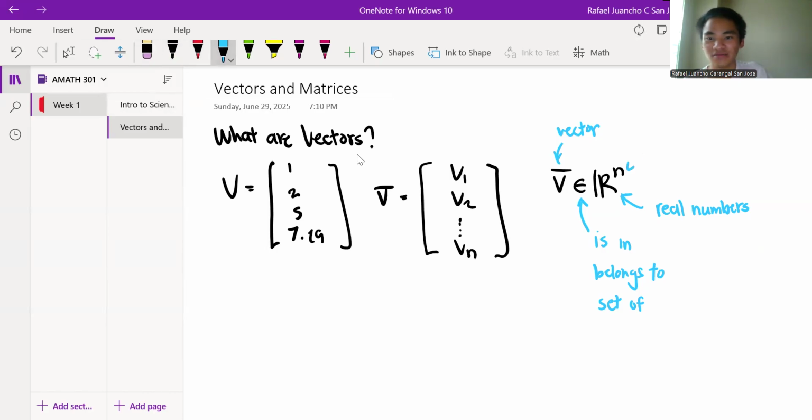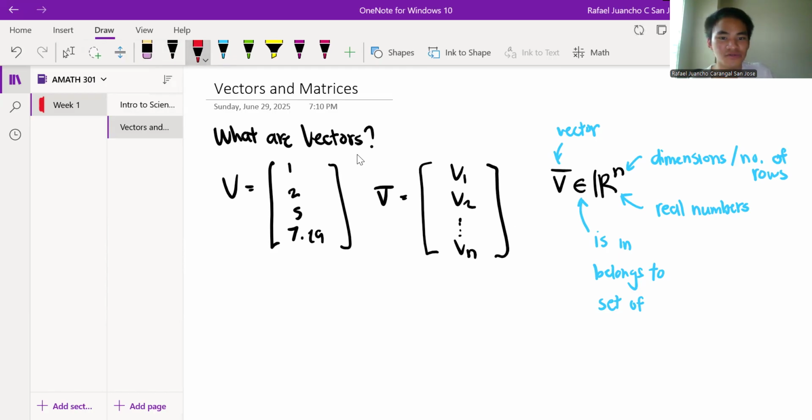What is this n? This is what we call dimensions. And I don't mean like the netherworld and stuff like that. I mean the number of rows. So this is the number of rows in this case, n. So we have n rows here, right? Because we have 1, 2, all the way to a number of rows n.